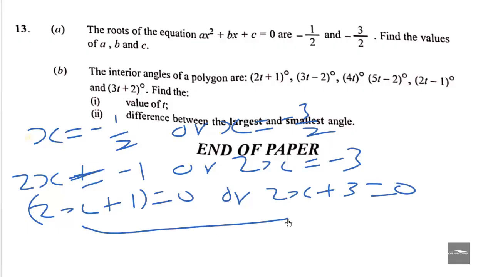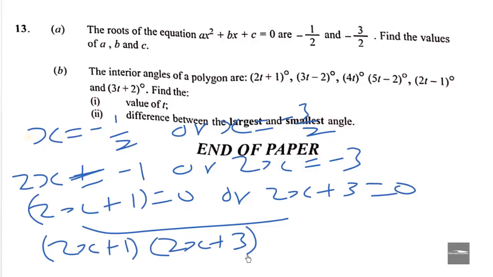So when you multiply this by this, you get 2x plus 1 into bracket 2x plus 3. Remember, we are working backward, equals 0. 0 times 0 is 0. So this was how it was before we split to get the two different roots.